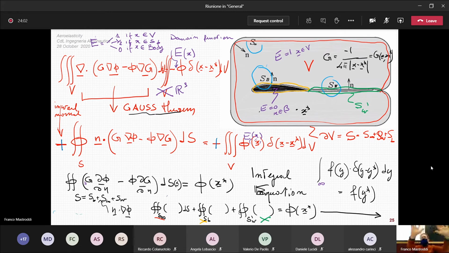When you are out of the body, you are seeing with your eyes a closed surface, so the solid angle you are viewing is such that the domain function is 1. When you are inside the body, the surface is around you, and if you are an eye positioned there, the angle you see is the solid angle, equal to 4 pi radians. Remember?